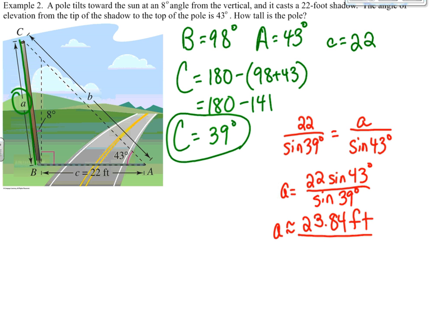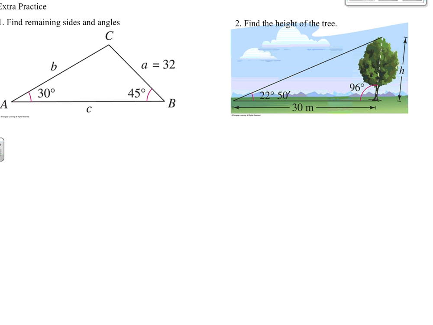That's the only two problems I want you to do in the notes. I want you to refresh your memory of how to use the law of sines, and then we'll do that ambiguous case next week on Tuesday. You should be getting a handout that has these two problems on it.